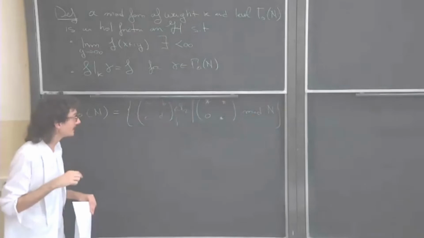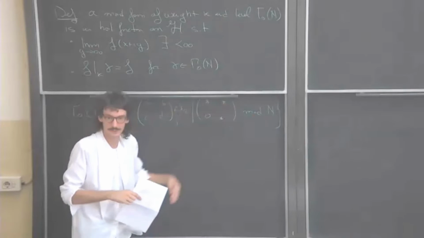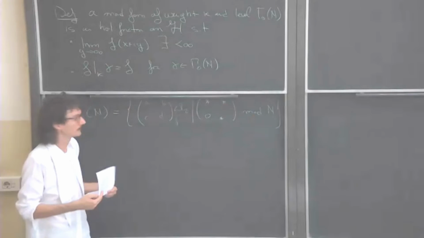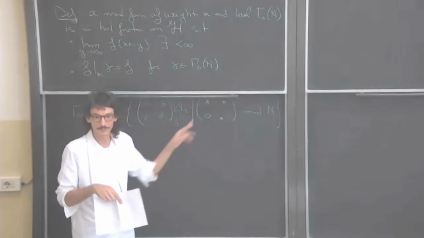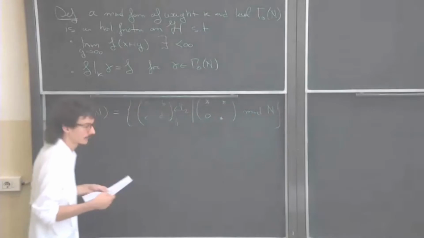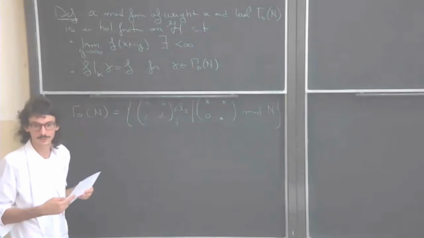So it's the pre-image of the upper triangulars of Z mod n Z. So these three numbers can be whatever they want, provided the determinant is 1, and the bottom left entry is equal to 0.